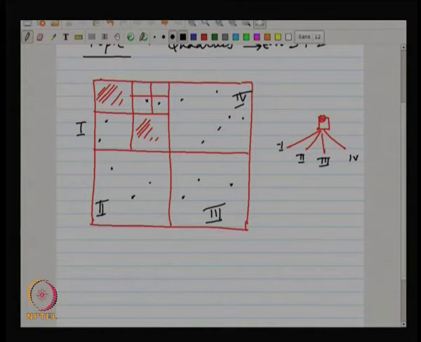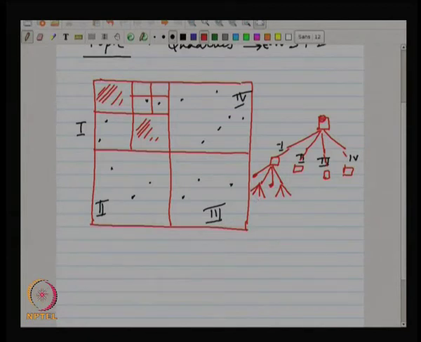So, then you have these 4 squares corresponding to the 4 partitions. And then I have subdivided it further, and 2 of them are leaf nodes, so they terminate, and then the other 2 we partition, and then again subsequently they terminate.